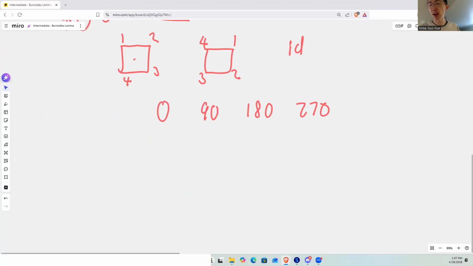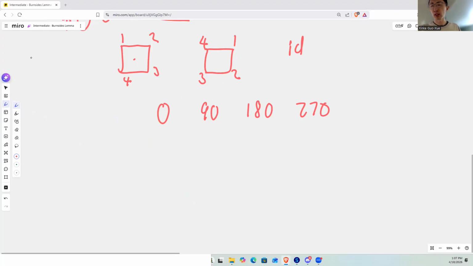So we have to find how many squares are fixed by each symmetry, or in group theory, each group element of your group, and take the average of all of them.